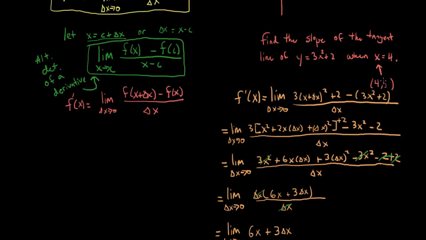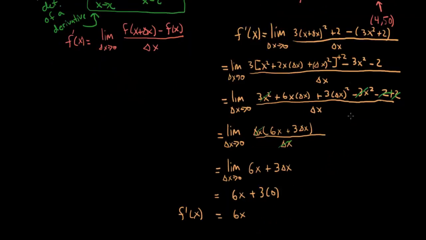So 4, 50. That is where I want the slope of the tangent line at this point right here. Okay, so let's just plug in for 4 and see what the slope is.